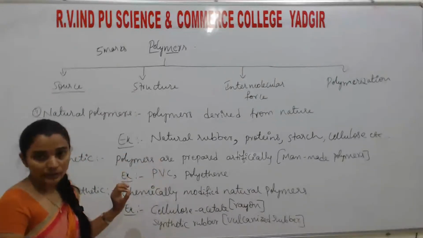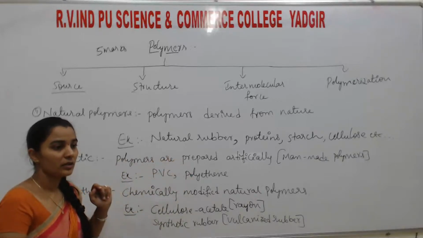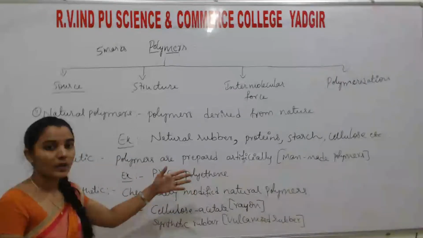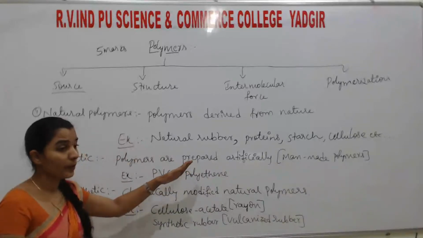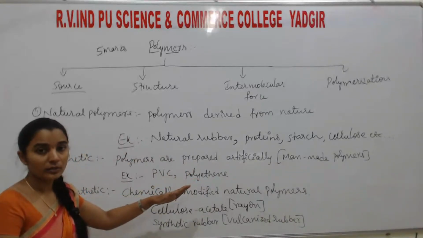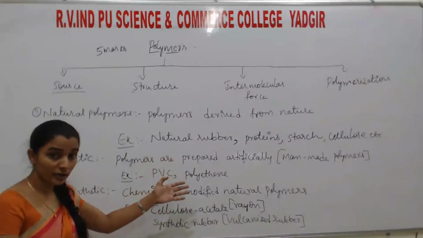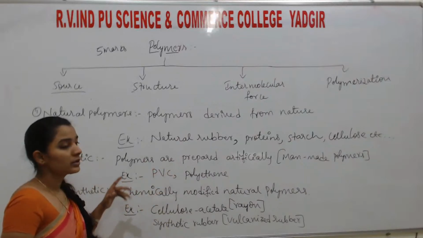Polymers which are man-made, prepared artificially, are called what? Synthetic polymers. Examples are PVC, polyvinyl chloride, polythene, polystyrene, Teflon. Those are all examples of man-made polymers.